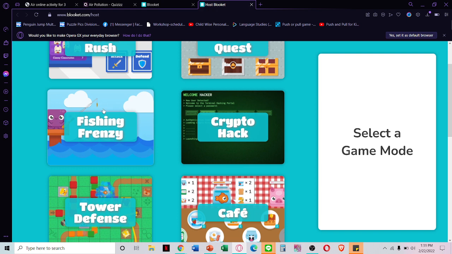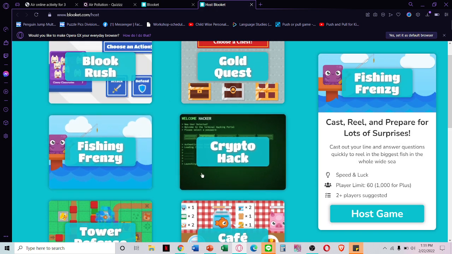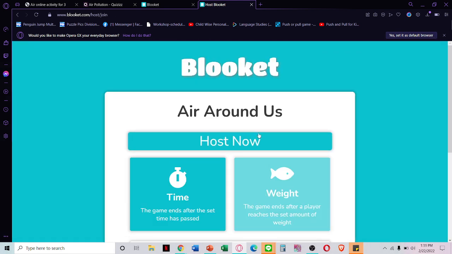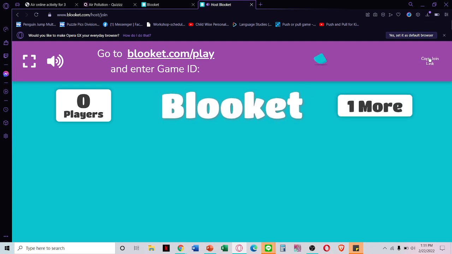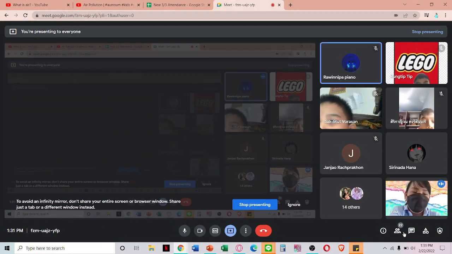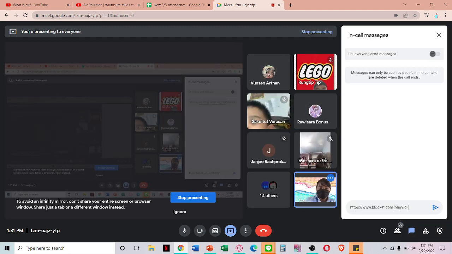Fishing? Why do you always like fishing? Some students do not know how tower defense works. That's why they don't know how.